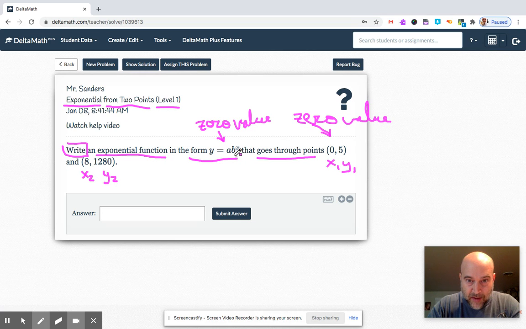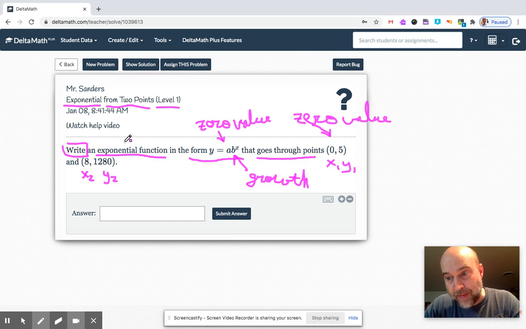All right, and then our b is our growth or our common ratio or our multiplier, depending on what kind of problem they gave us. So they're telling us it's exponential. That means it's growing through multiplication. All right, so that means the zero value is this 5 right here. So that's our a.